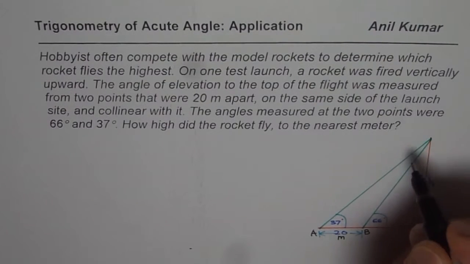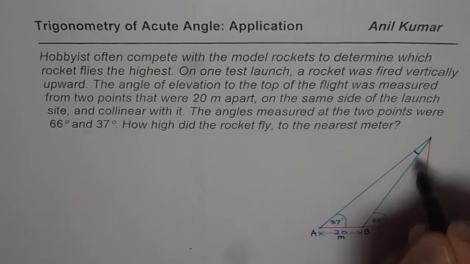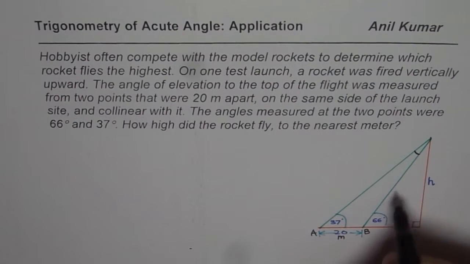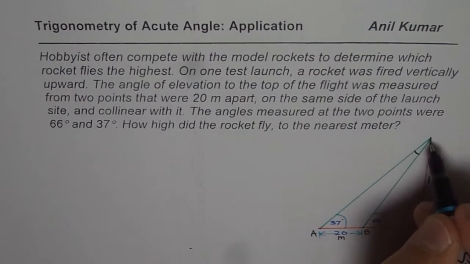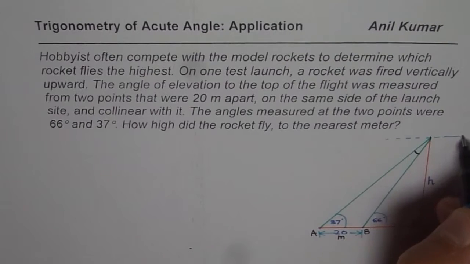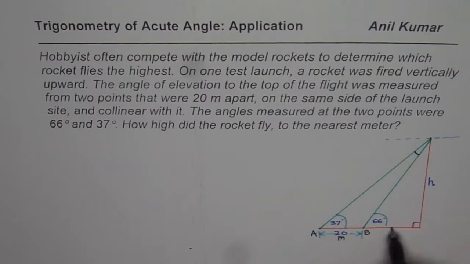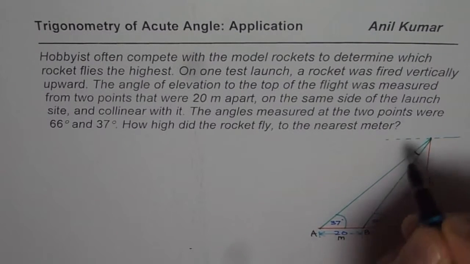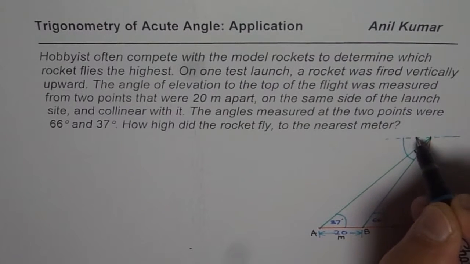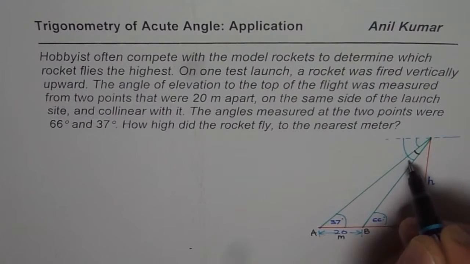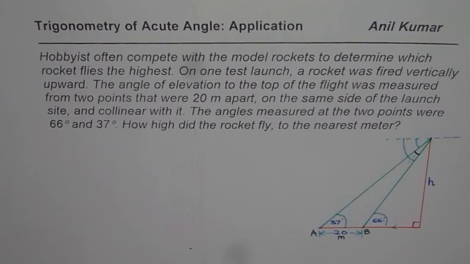See how. We can actually find this angle. 66 is the exterior angle. Therefore, that angle should be 66 minus 37. Got it? That's one way of doing it. The other way of finding that angle is, think about a horizontal line here. In that case, that horizontal line and the ground horizontal line will be parallel, and the alternate angles will be, the big angle is 66, the small angle is 37, and their difference is this angle we are talking about, correct?